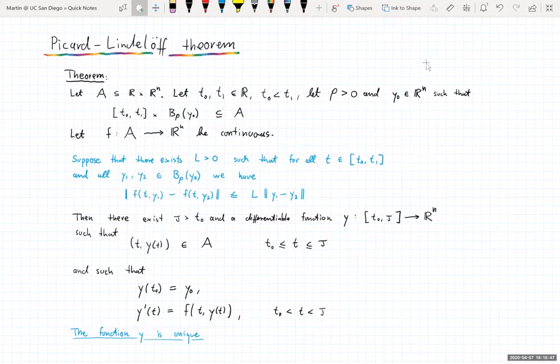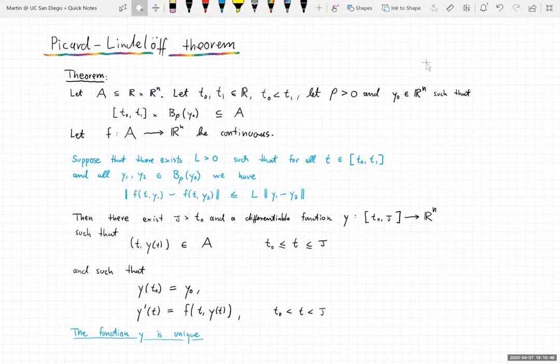Namely, the distance of f(t, y1) and f(t, y2) is at most L times the distance of y1 and y2. Formally, the Euclidean norm of f(t, y1) minus f(t, y2) is bounded by L times the Euclidean norm of y1 minus y2.